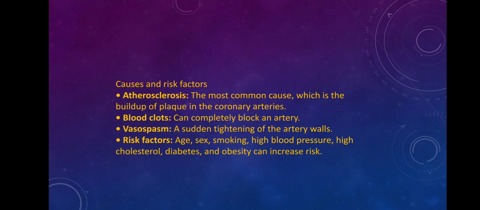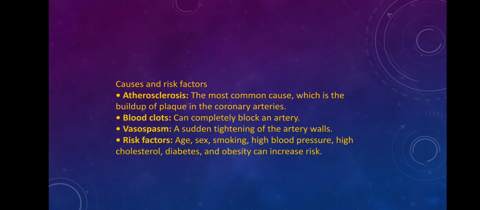Then risk factors like age, sex, smoking, high blood pressure, high cholesterol, diabetes and obesity can increase the risk. What are the other risk factors? Age, sex, smoking, high blood pressure, high cholesterol, diabetes and obesity increase the risk.